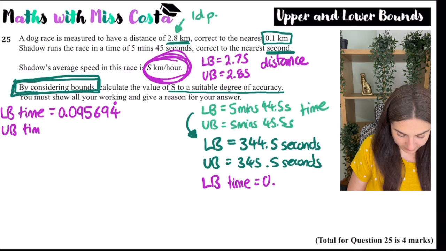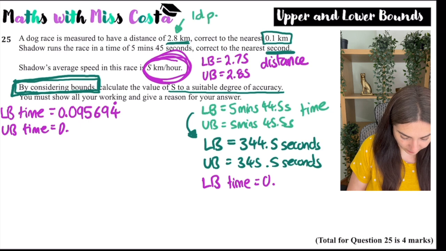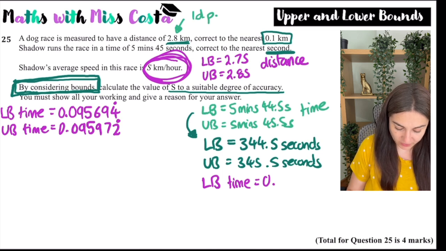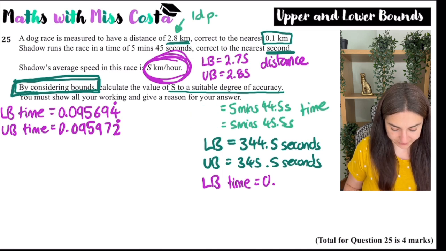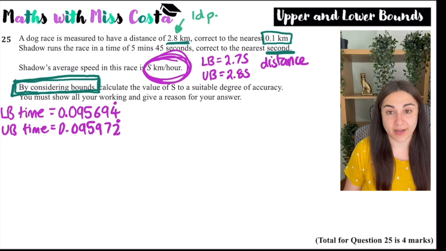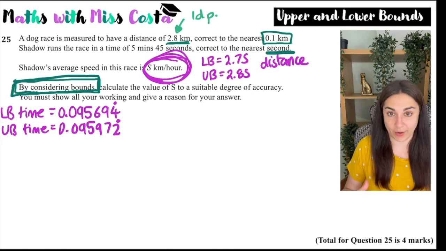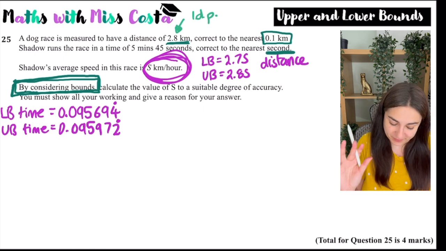The upper bound of time is going to be 345.5 divided by 3,600, which is 0.095972 recurring. Okay, so that is my time in hours. Whenever I'm dealing with speed, generally you're going to have to deal with your time as a unit of an hour. Normally it's minutes to hours, but now it's minutes and seconds to hours, but that's still fine.